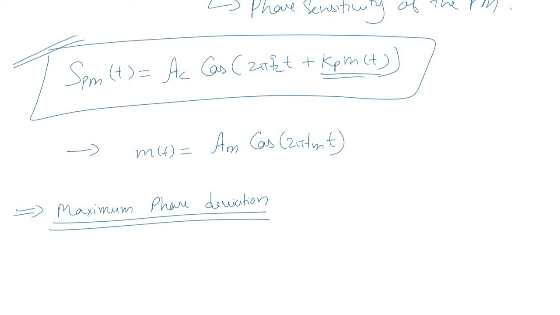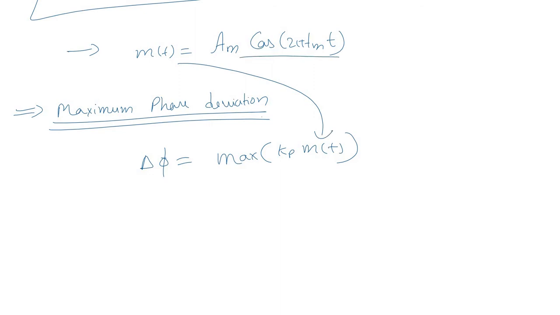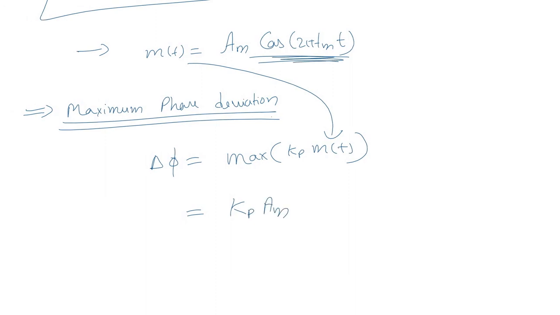What would be the maximum phase deviation, delta phi? It is analogous to the maximum frequency deviation in the case of FM. So delta phi would be equal to the maximum of Kp into m(t). If you substitute m(t) as Am cos 2 pi fm t, the maximum value would be Kp into Am, because the maximum value of cos 2 pi fm t is 1. So maximum phase deviation is nothing but Kp into Am.